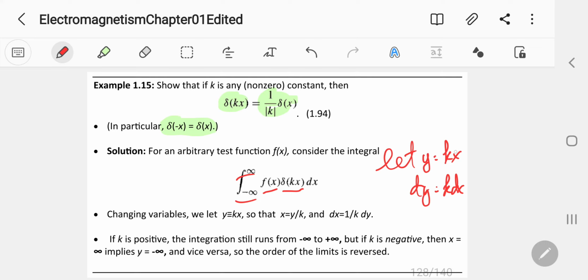And if your x would be positive infinity, that would also be the same for y. But also, if your k is negative, then the limits would have to change. I mean, they're reversed. So if k is negative here, then the limits would be from positive infinity to negative infinity.